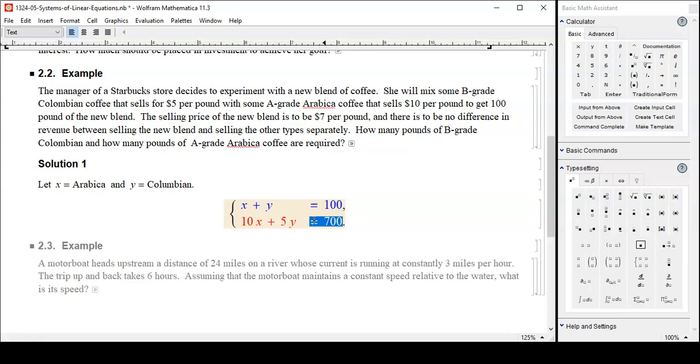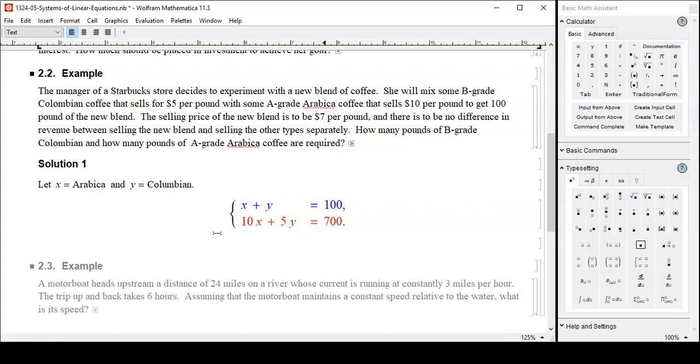Let's do the color coding. See the difference there?